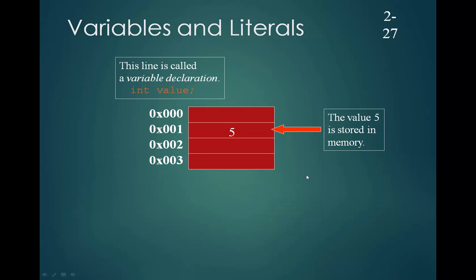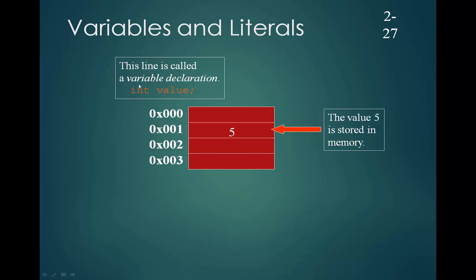And when we assign a value to a variable, we store that number in the memory location that is associated with the variable. So in this case, imagine that this program has a variable declaration int value.